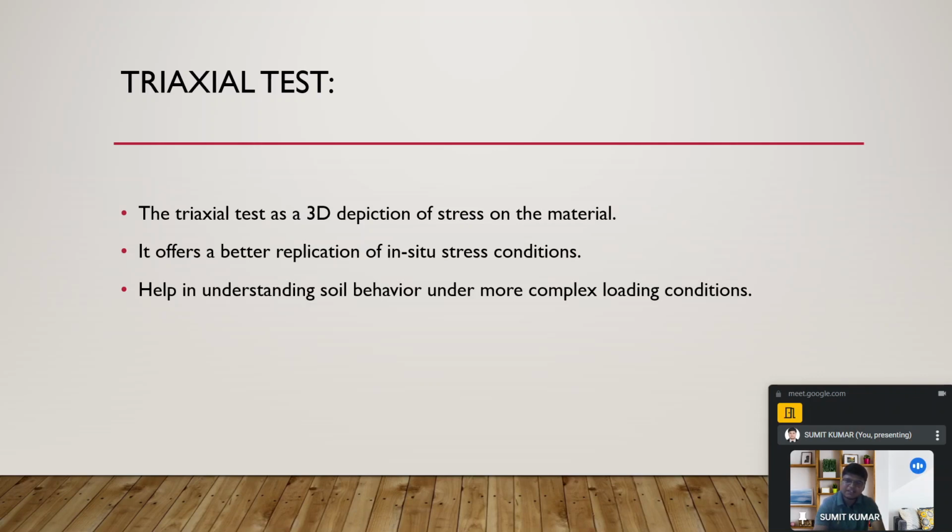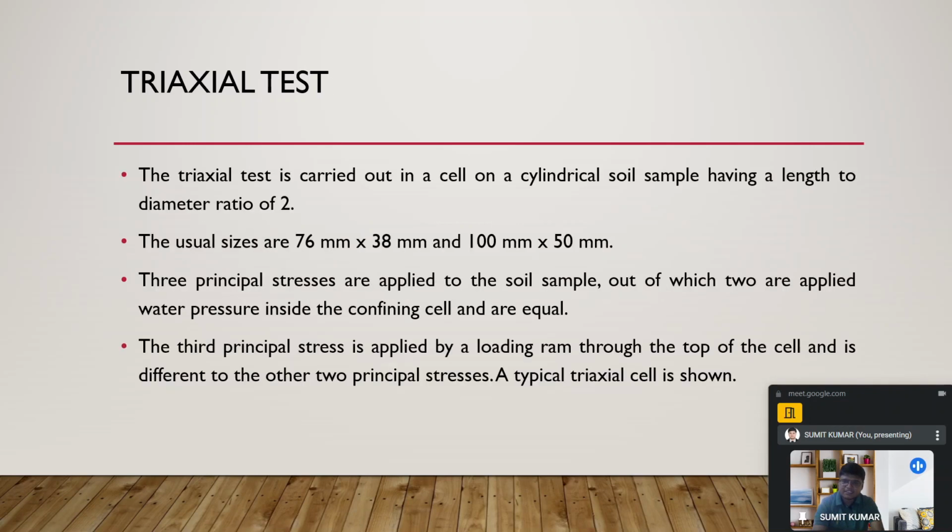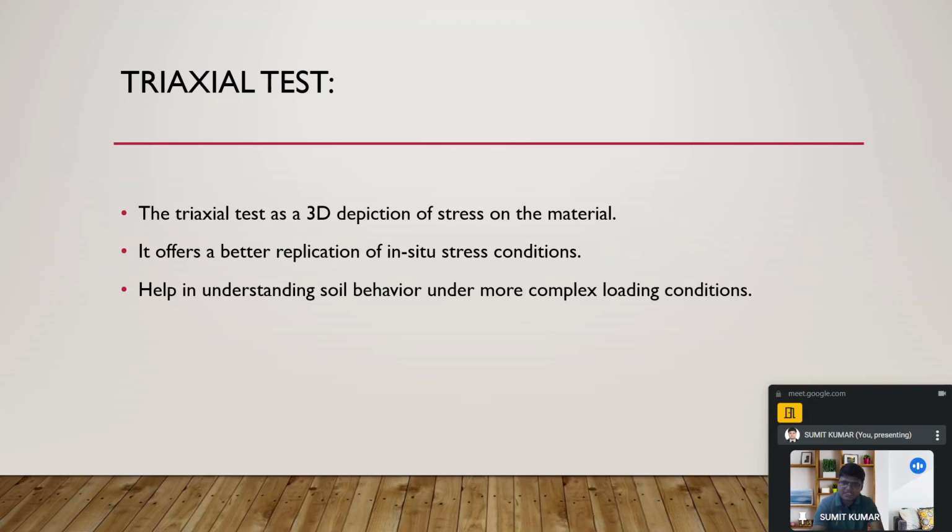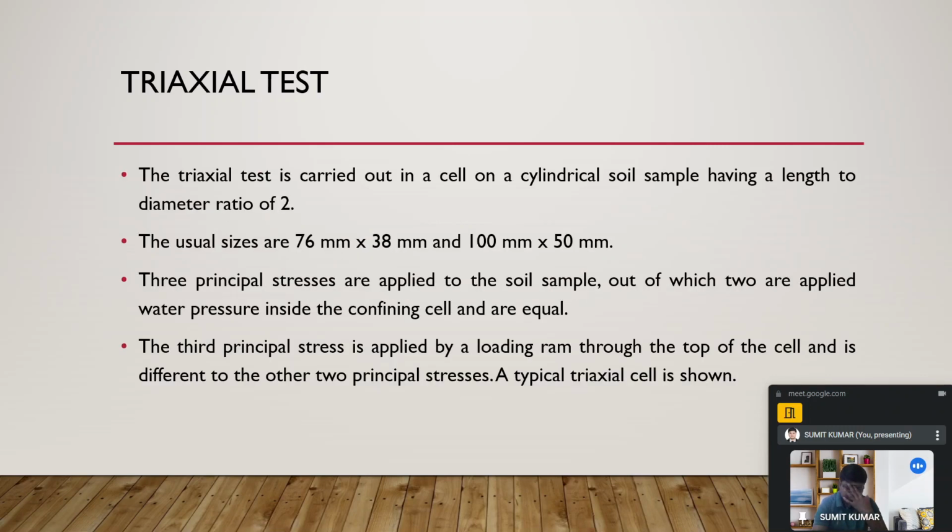It offers a better replication of in situ stress conditions and helps in understanding soil behavior under more complex loading conditions. I have shown a schematic diagram as well as some other pictorial representations for the triaxial test, so that will help you understand those aspects.